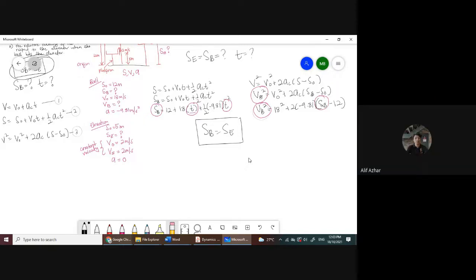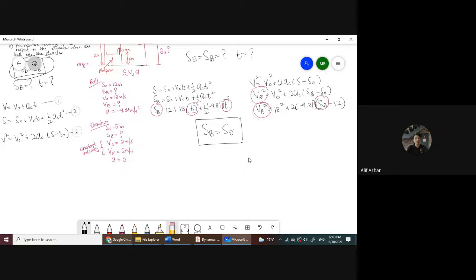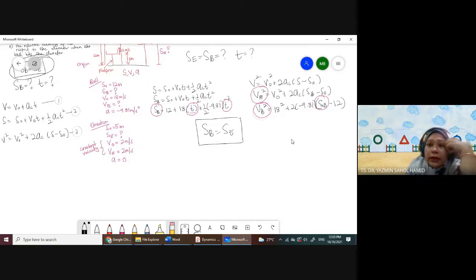If we use equation 3 but put velocity 2, can, madam? You want to choose equation 3 and put velocity 2 for what? Motion of the ball or motion of the elevator? Elevator. Okay, let's try.